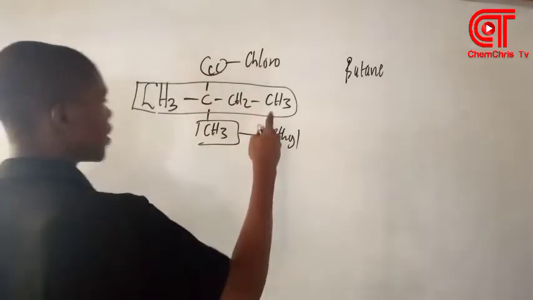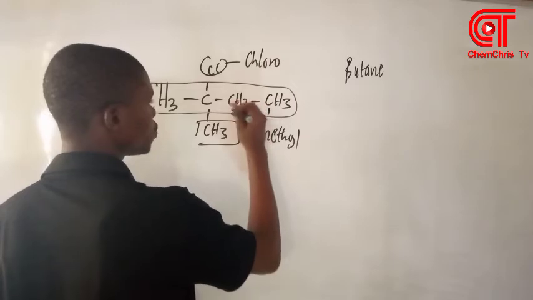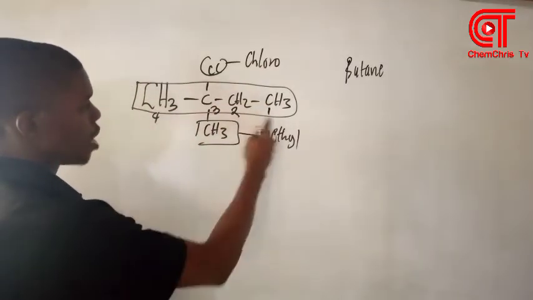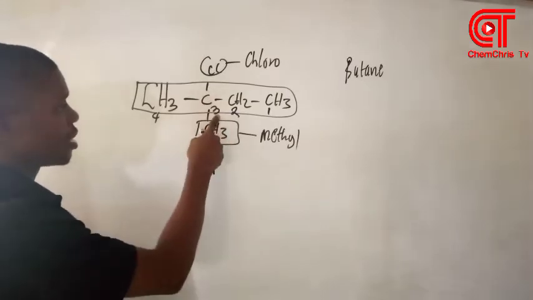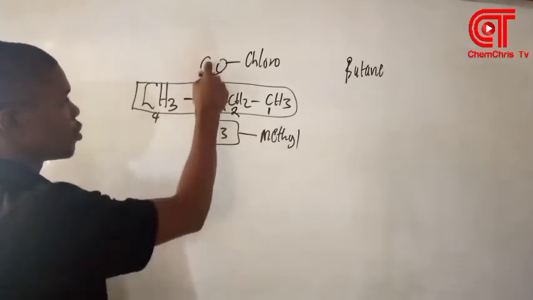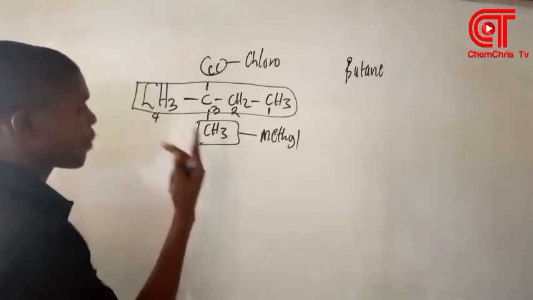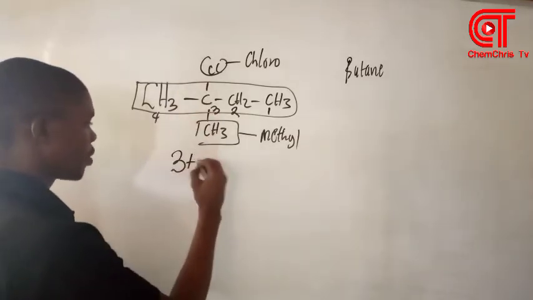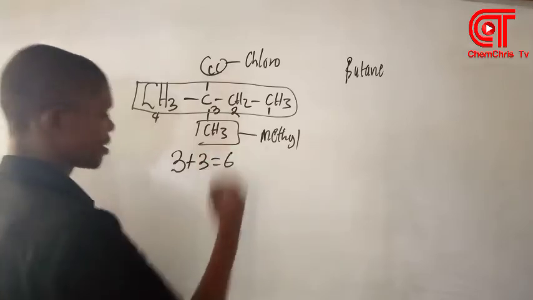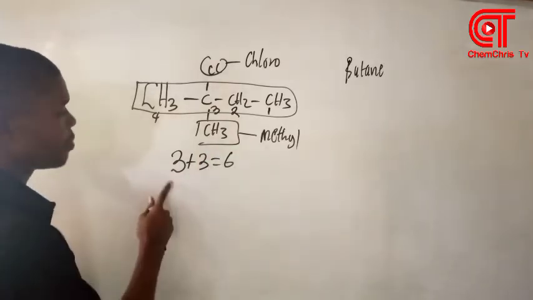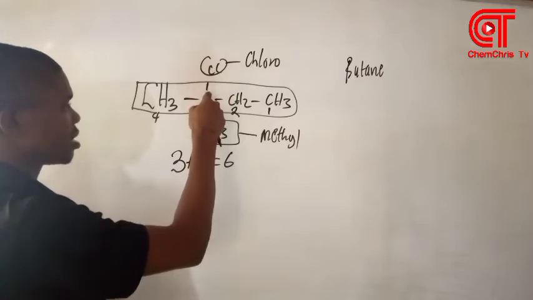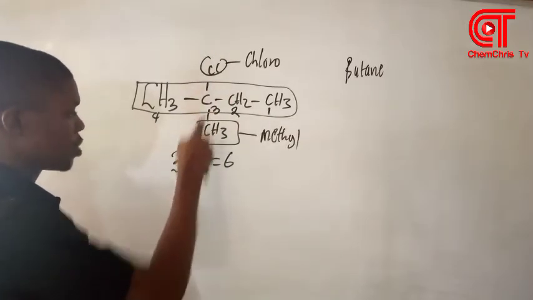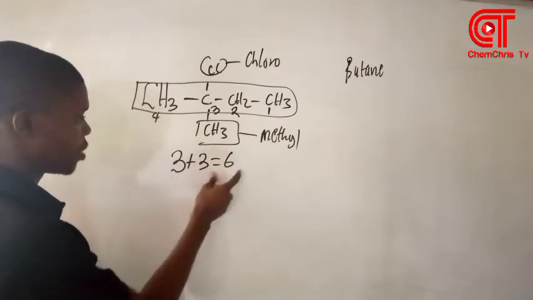Now if I start my numbering from here, 1, 2, 3, 4, please pay very close attention. Carbon number 3 carries a substituent, and because there are two substituents attached to carbon number 3, it is going to be 3 plus 3, which is 6. The reason is that each substituent here is on carbon number 3, so we add them together, it gives 6.